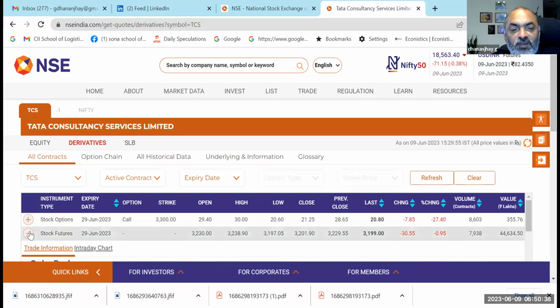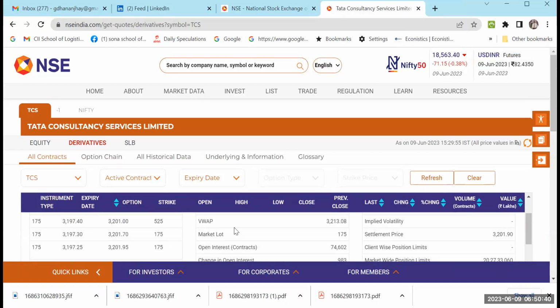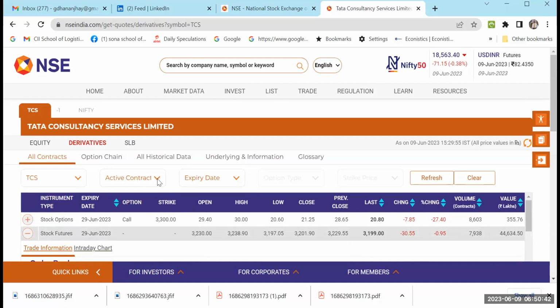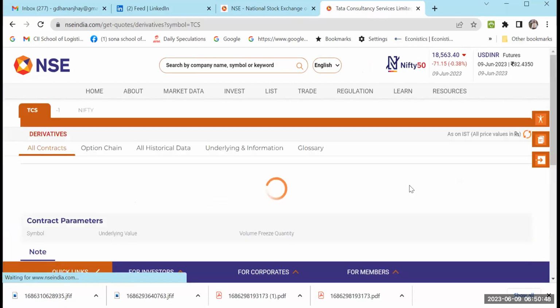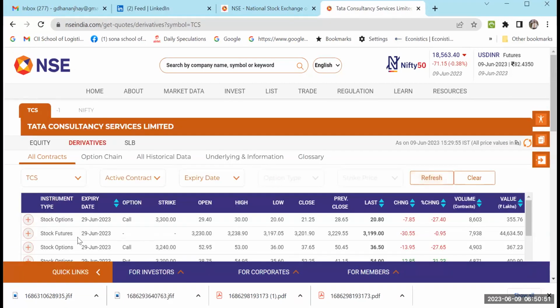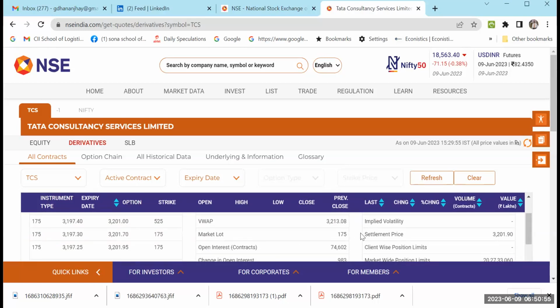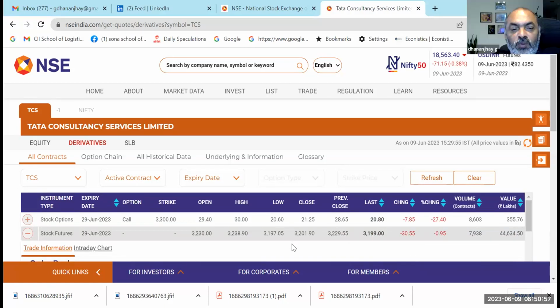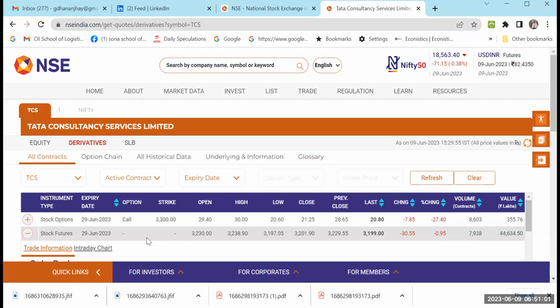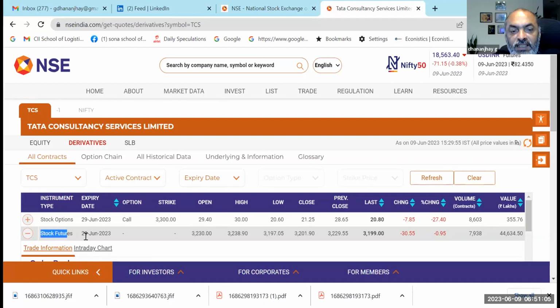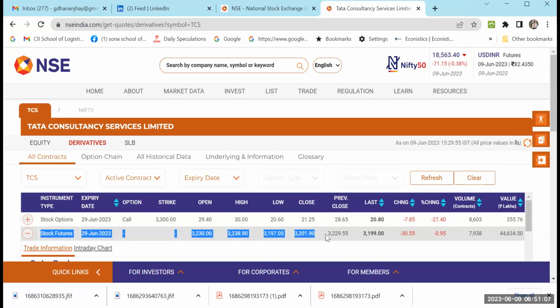Now, what is the futures price? I will open. Now TCS futures. Yes, sir. TCS futures, I have highlighted here.